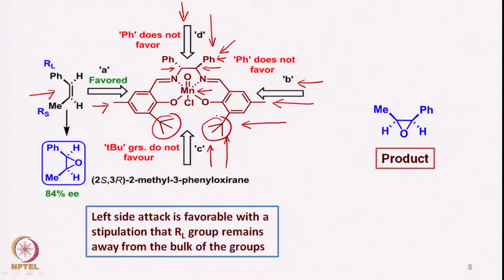On the other hand, if we look at the A side, if we orient the large phenyl group on the top side of the molecule and leave the small group towards the lower side, then the approach would not be obstructed.